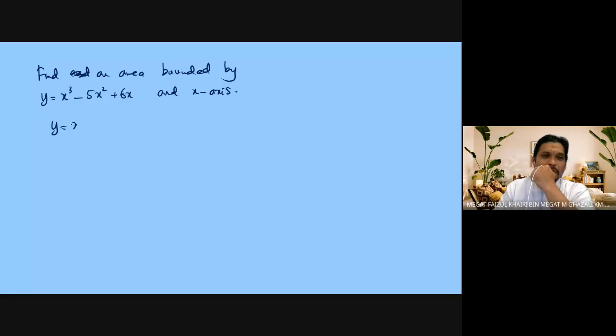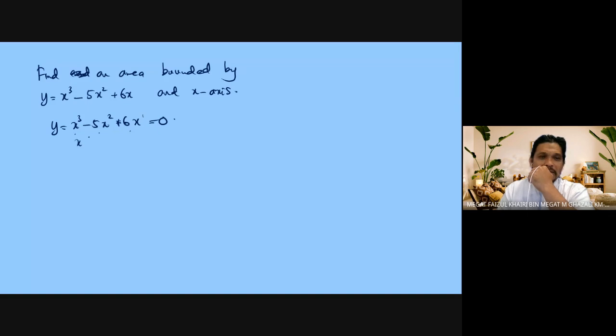y equal to x cubed minus 5x squared plus 6x. Let's say if we make it equal to 0. Every single term, one, two, three, all the terms will have an x: x cubed, x squared, and x. So the least is x to the power of 1.